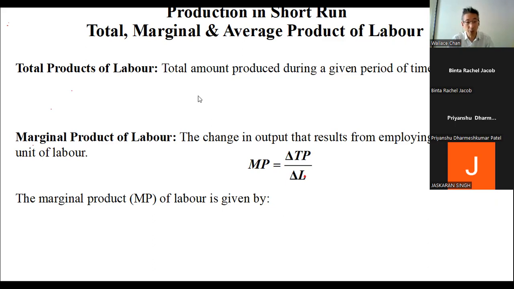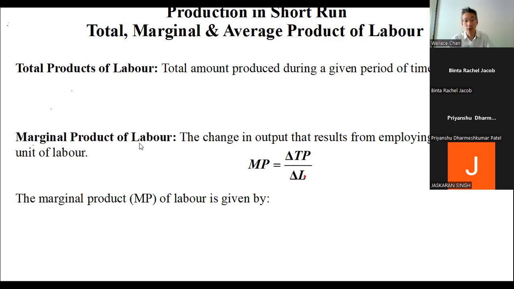So the marginal product of labor is the change in output that results from employing an extra unit of labor. For example, if you hire one extra laborer, what is the additional output that this additional laborer can produce?